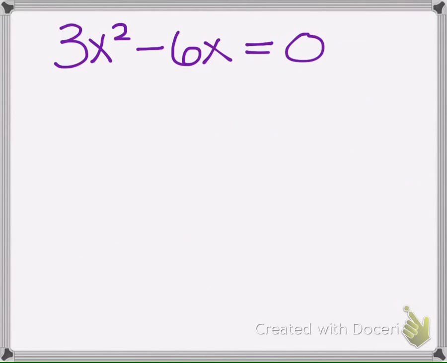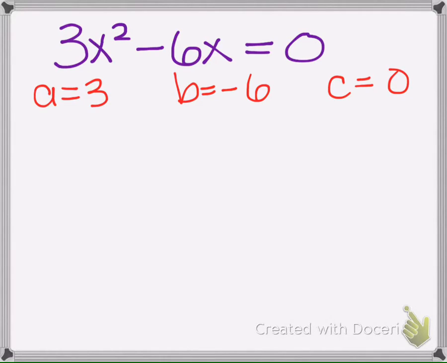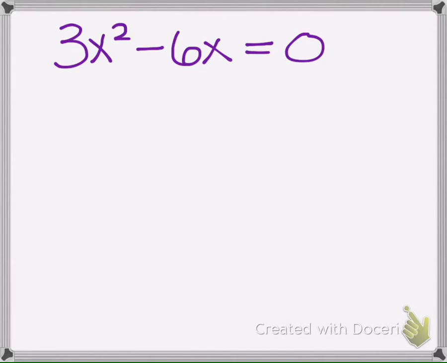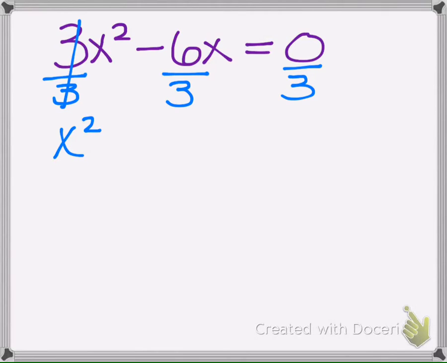Okay, so a third way we could solve this is by using the quadratic formula. So I'd plug in 3 for a, -6 for b, and c is 0. Or, instead, so that would work, that would get you the right answer, or you could do this. I'm going to divide, since 3 goes into all of them, and whatever you do to one side, you could do to the other.